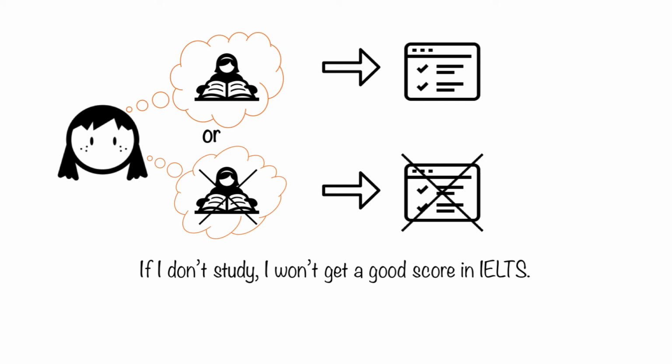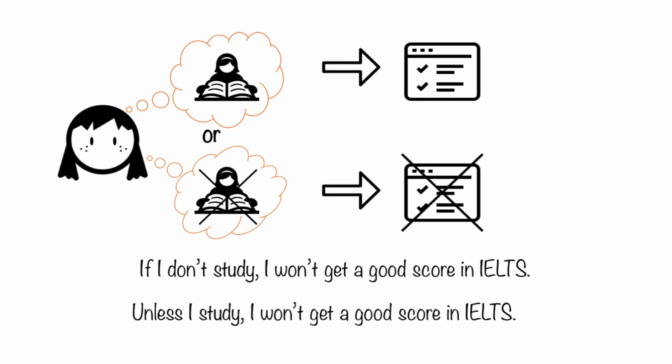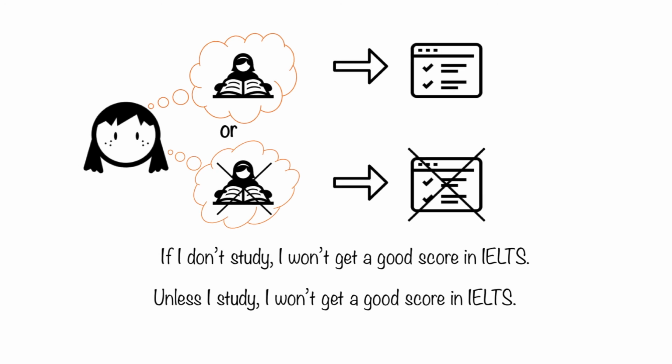Or even better, you could say, unless I study, I won't get a good score in IELTS. So unless here is similar to if I do not. We use this word very often in English as native speakers, but it is not often used by English learners or IELTS students. So this is a really great structure to use to impress the examiner.